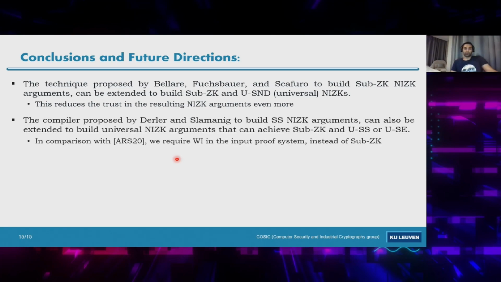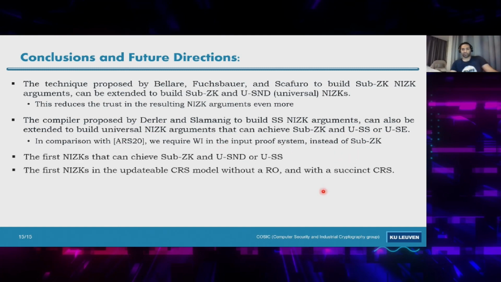So the compiler proposed by Daza and Slamanig can be extended again to the updatable CRS model and build updatable simulation extractable NISC. And as I mentioned before, in comparison with the related work that was presented in ARS-20, we require witness indistinguishability in the input proof system rather than subversion range, which is weaker than that one.